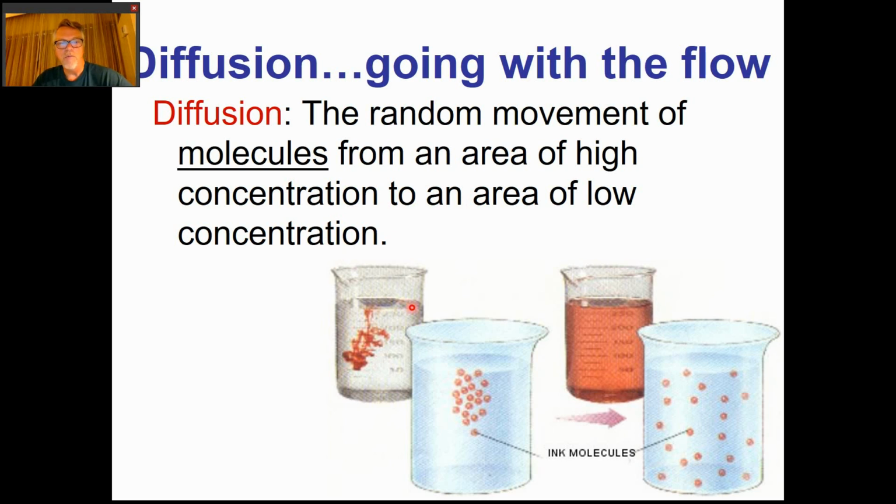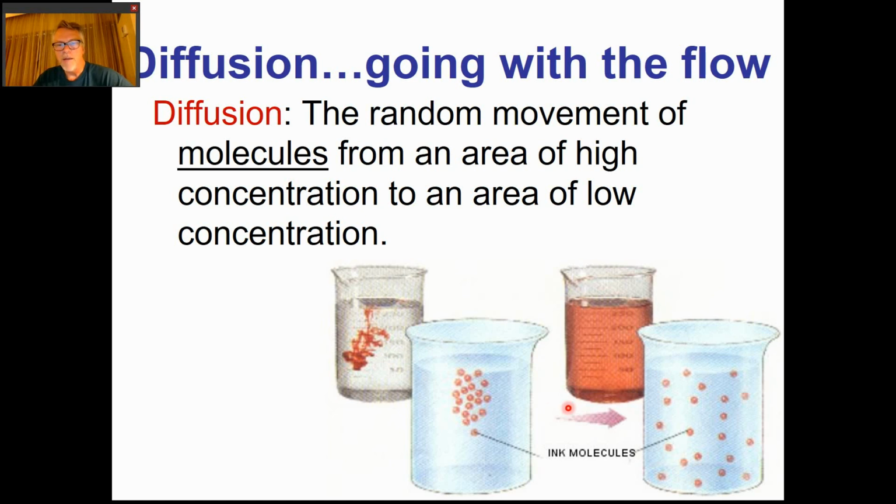Let's say we have this beaker of water here, and we drop in a single drop of red ink. All right? And at first, all the red ink molecules are right next to each other, and so there's a high concentration of red ink molecules here, but here there are no red ink molecules. So we have a concentration gradient of these red ink molecules, and that's how it looks here.